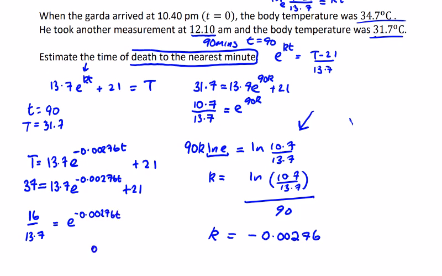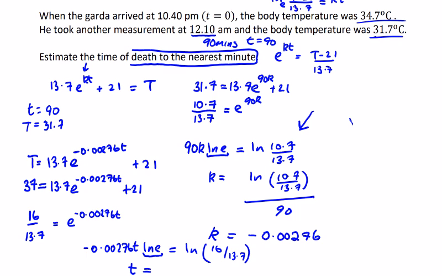So minus 0.00276 t by the natural log of e equal to the natural log of the other side, 16 over 13.7. We know this is equal to 1 for repetition purposes, so this gives time to be minus 57.